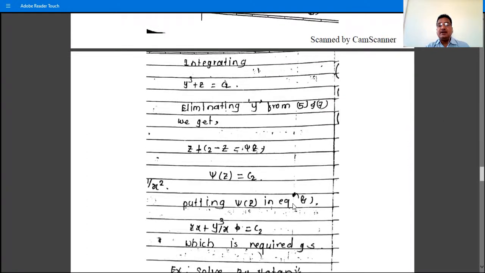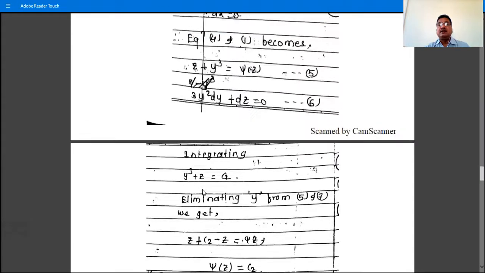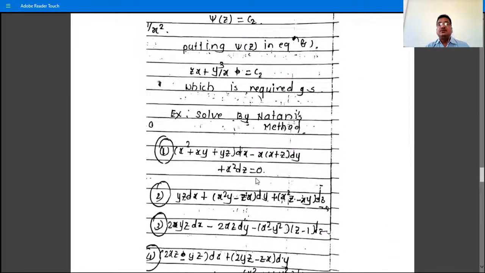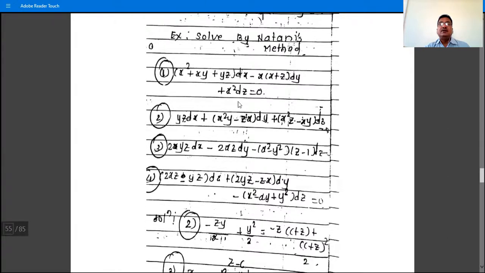Then put ψ(z) as c2 in equation number 4, and we get the general solution, that is zx + y³/x = c2, which is the general solution of the given differential equation. So these are some examples on Natani's method.